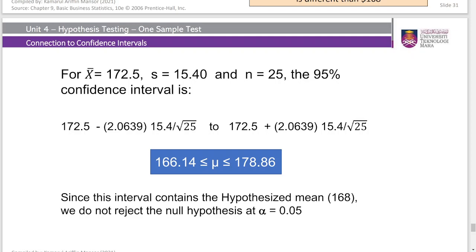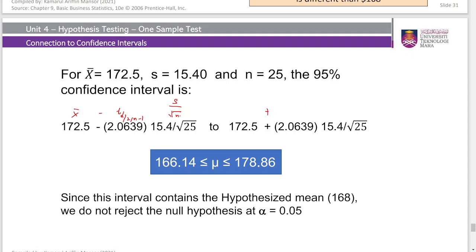This one is x bar, this value will be t alpha over 2, n minus 1, and this one will be 15.4 divided by square root of 25. So this is the standard error of the mean, that is s divided by the square root of n. This one is minus and the other one is plus.